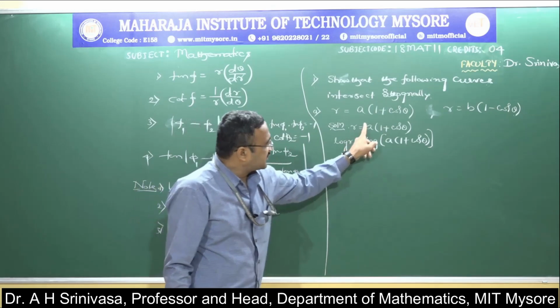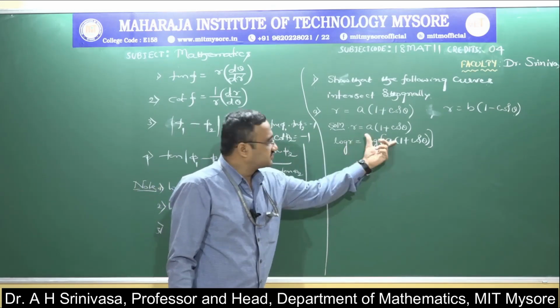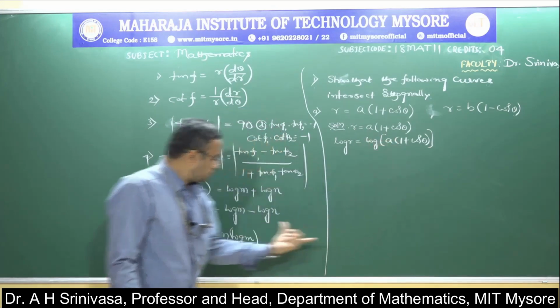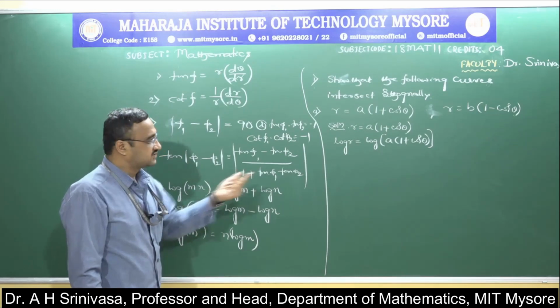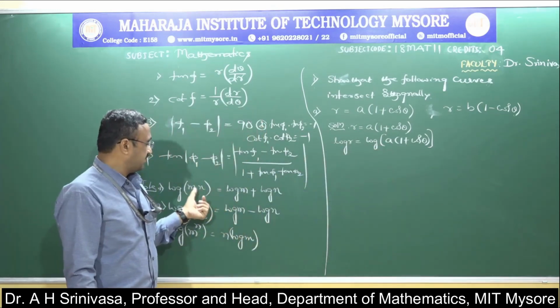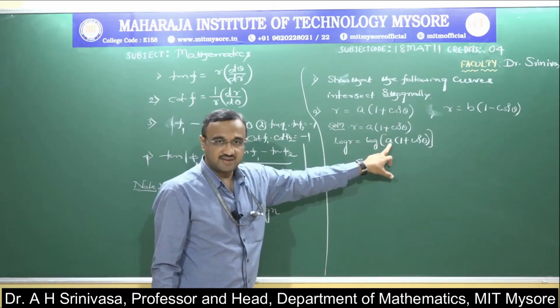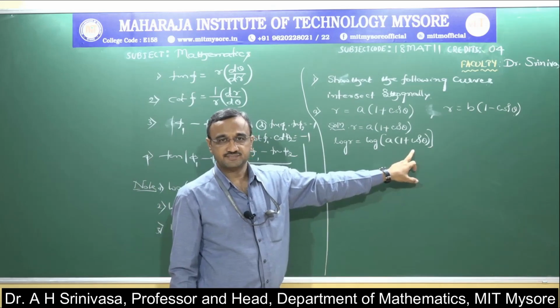After taking the log, what happens? This relates to the theorem for a product of two functions: log of m into n, where in place of m you have a, and in place of n you have 1 plus cos theta. It's clear.